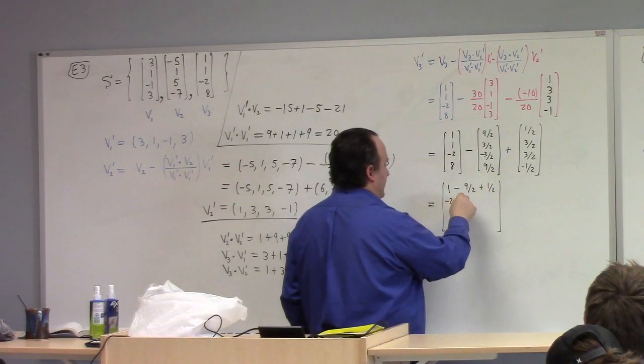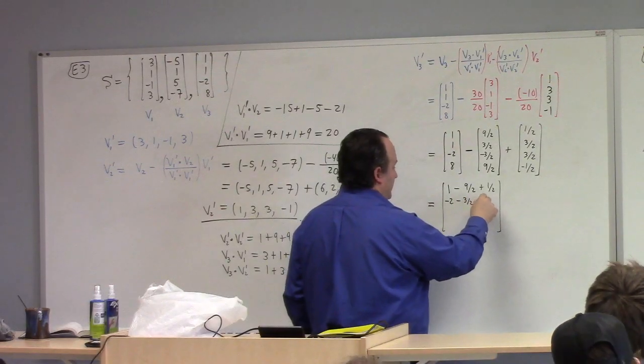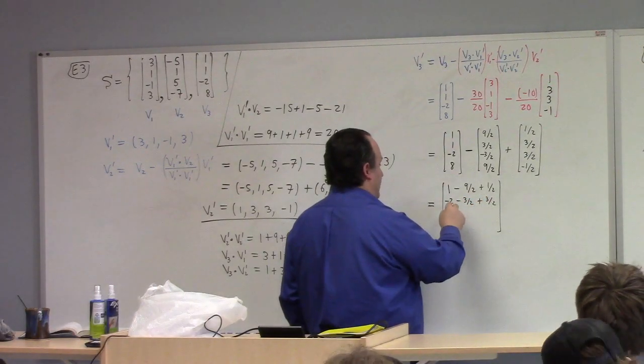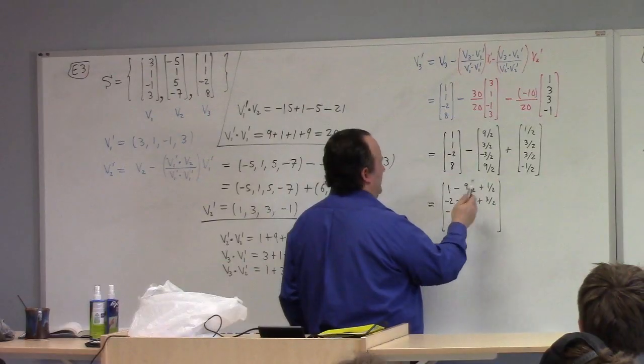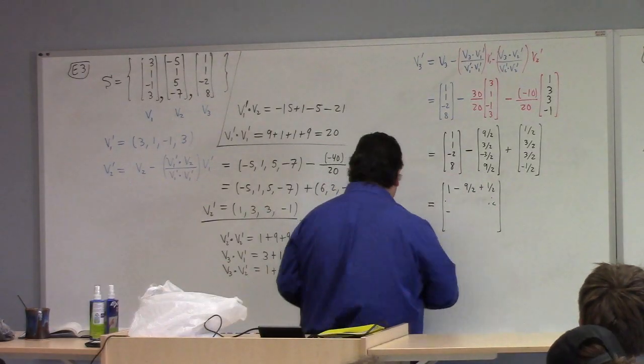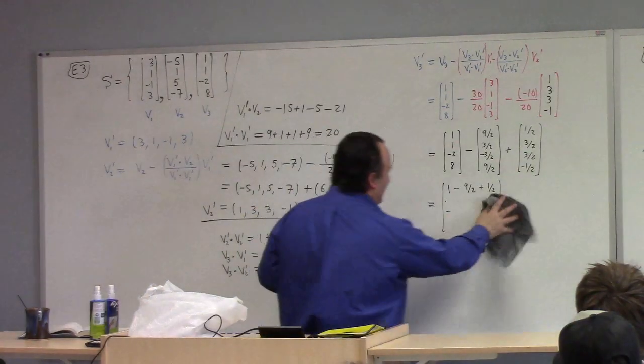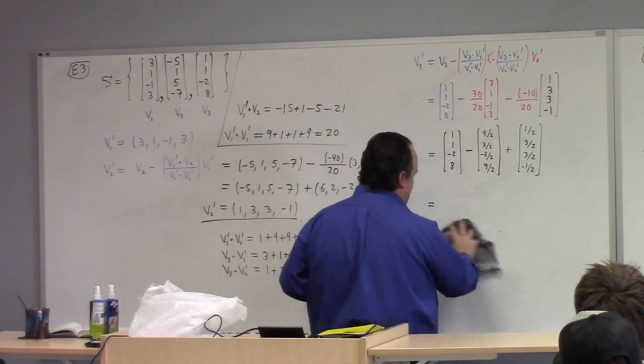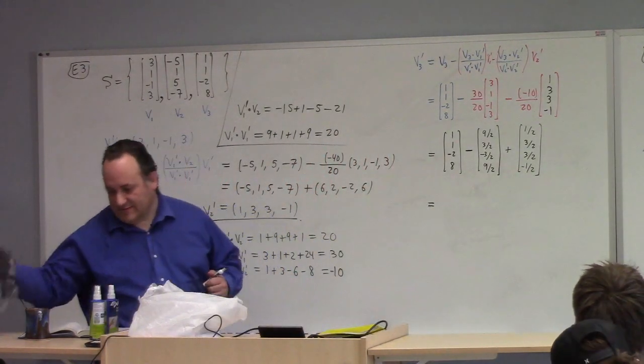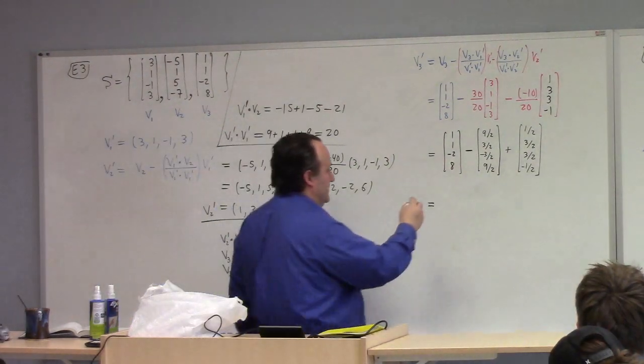Minus 2 minus 3 halves plus 3 halves, and of course, oh, come on, good grief. All right, you know what? Let's stick a fork in this thing. Let us not write down this step. Let's just do this step. Writing is not helping.